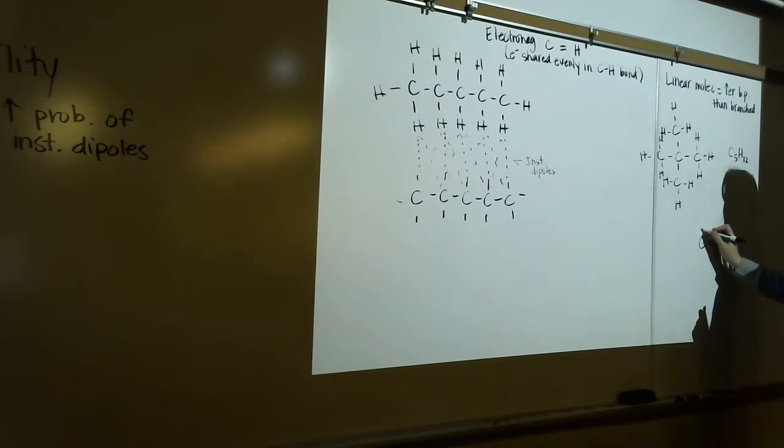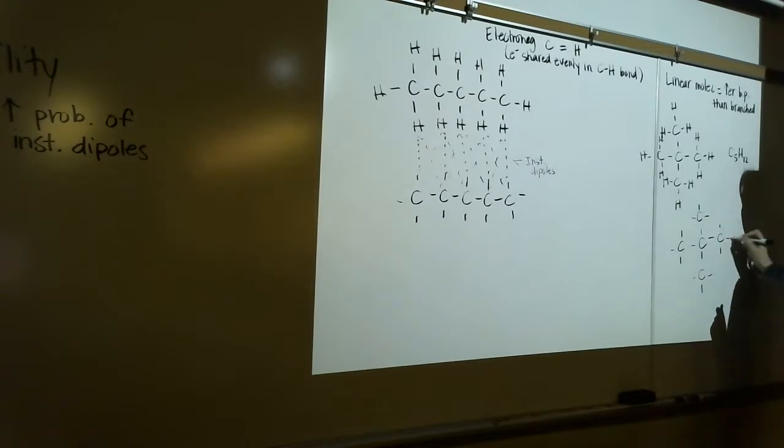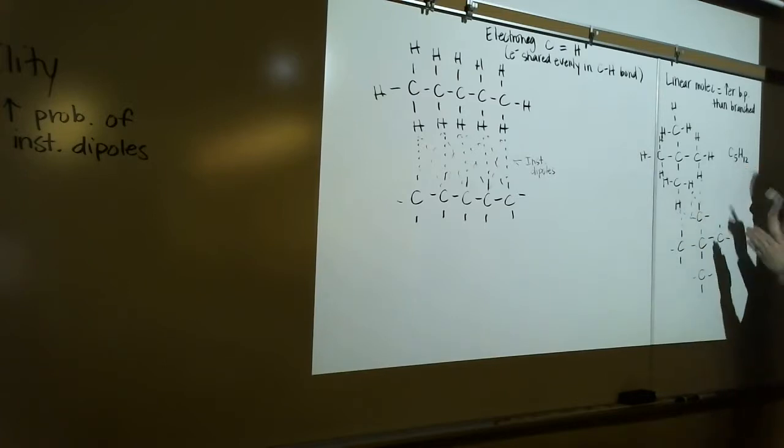Now, if one of its colleagues is in close proximity, branch, branch, branch, you don't have that much opportunity for those instantaneous dipoles, right? You've got a lot less instantaneous dipole going on because they're not as in close proximity.